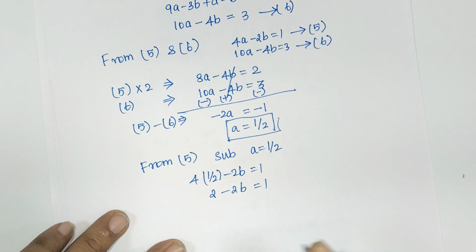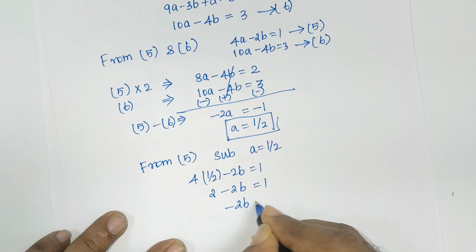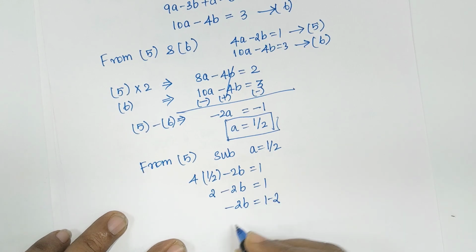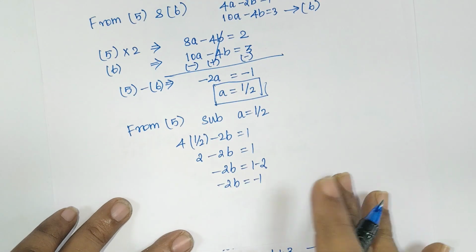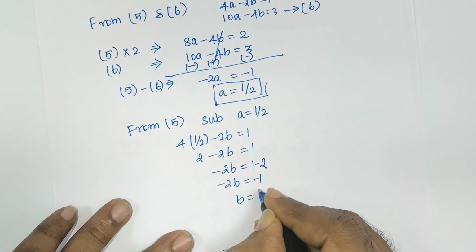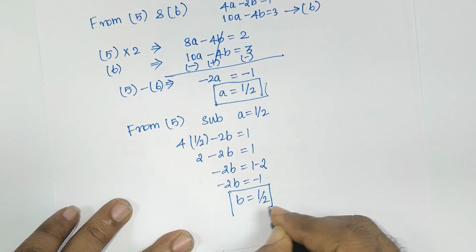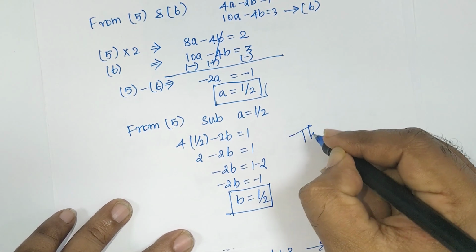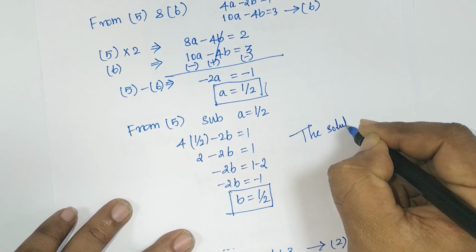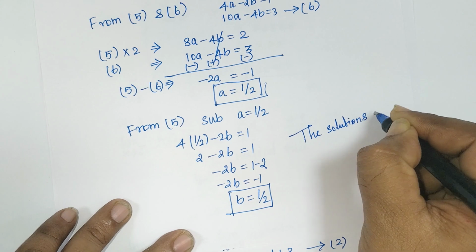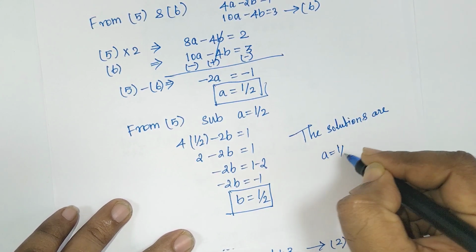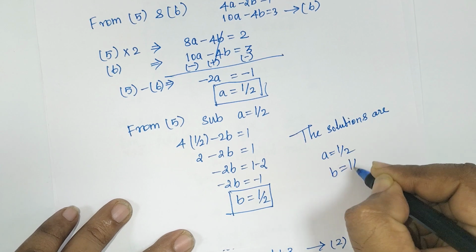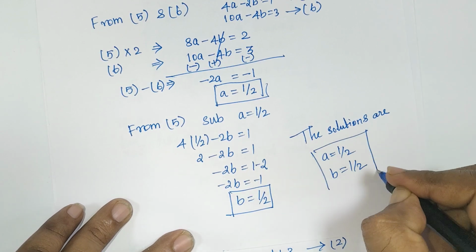Therefore minus 2b equal to 1 minus 2, so minus 2b equal to minus 1. So b equal to 1 by 2. Therefore, the solution is a equal to 1 by 2 and b equal to 1 by 2.